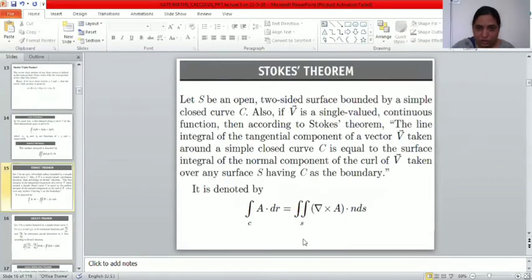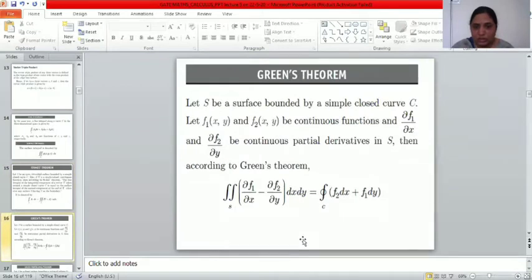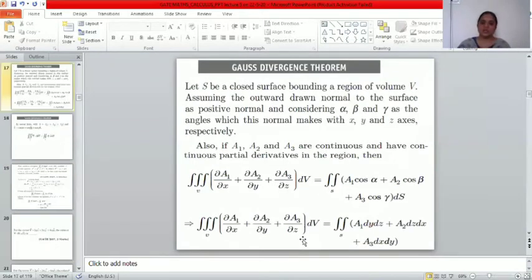You are noting down Stokes theorem, Green's theorem, and next is Gauss divergence theorem. Gauss divergence theorem is a combination of surface integral and a volume integral, remember, double and triple.